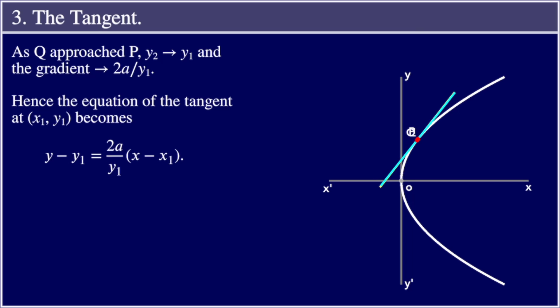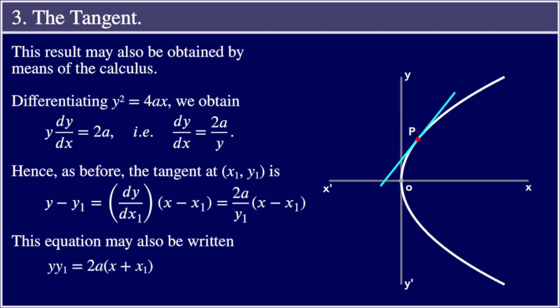As Q approaches P, y sub 2 approaches y sub 1, and the gradient approaches 2a divided by y sub 1. Hence, the equation of the tangent at (x sub 1, y sub 1) becomes y minus y sub 1 equals 2a divided by y sub 1 times the quantity (x minus x sub 1).